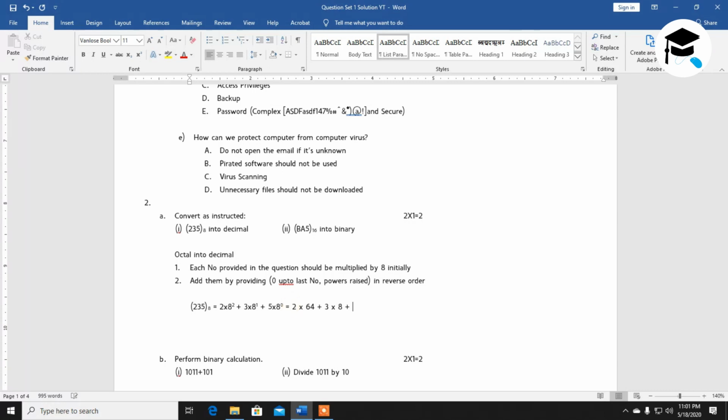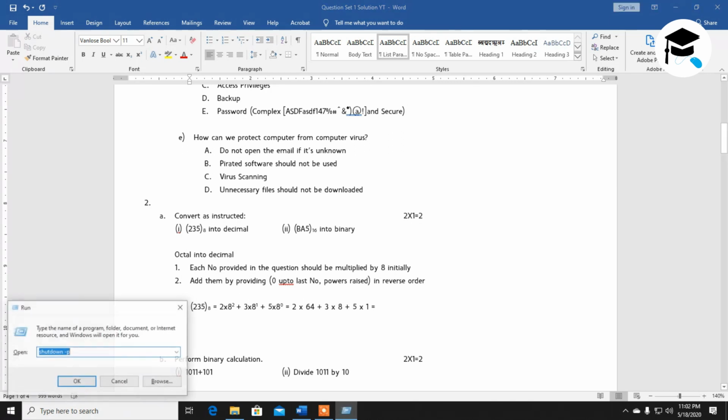Similarly plus 5 into 8 raised to the power 0, it means 1. So 2 into 64 plus 3 into 8 plus 5 into 1.